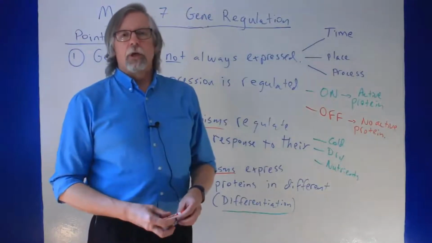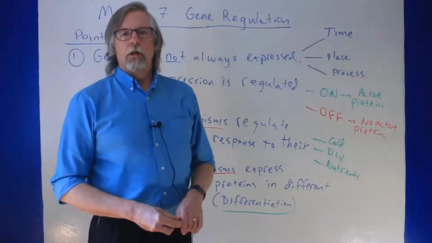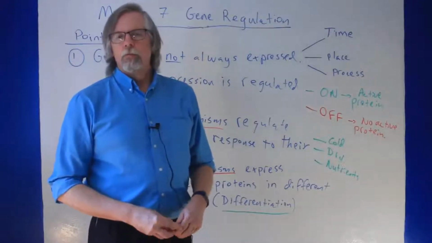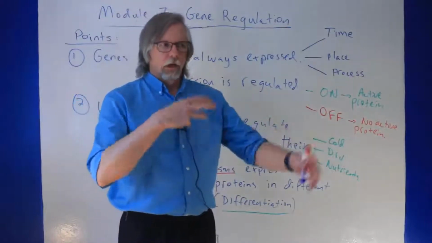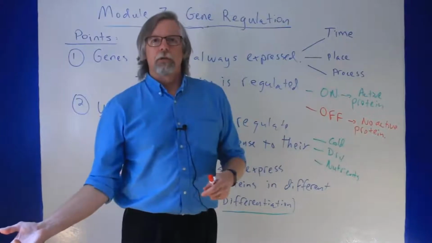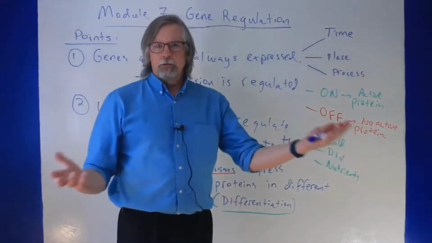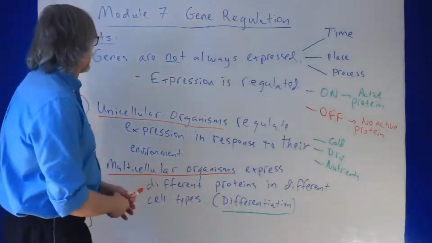Gene regulation occurs throughout biology, in all organisms. It's the norm, and it's happening to most genes. They're either in an on state and expressed, or an off state and not expressed, and they can switch between those two, from off to on or on to off.